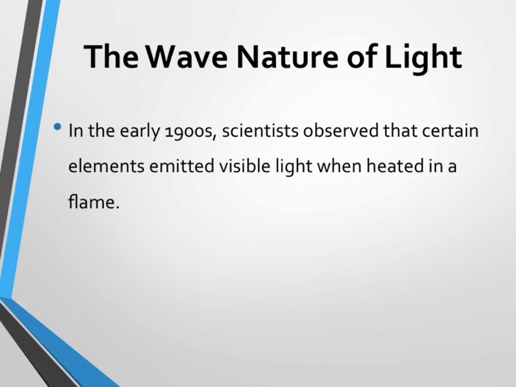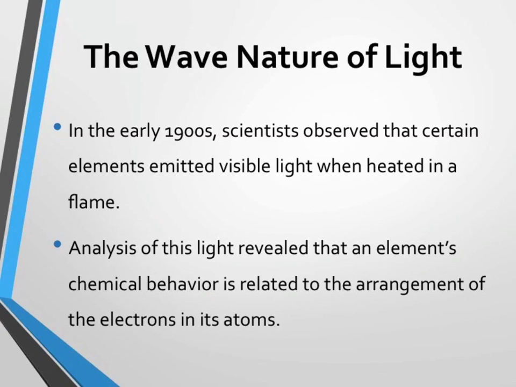So, in the 1900s, they saw that different elements created different colors of light when they were heated. And this related to the chemical behavior of that element and the arrangement of the electrons. Okay?